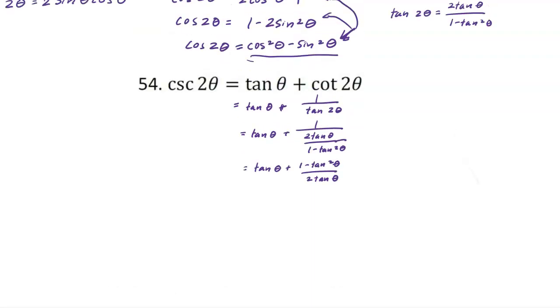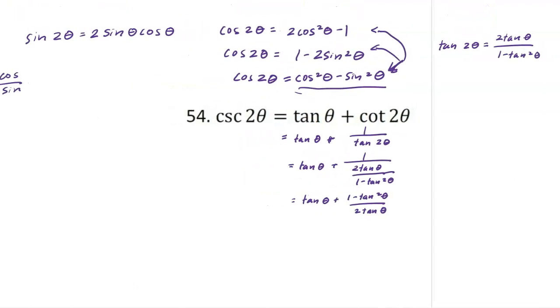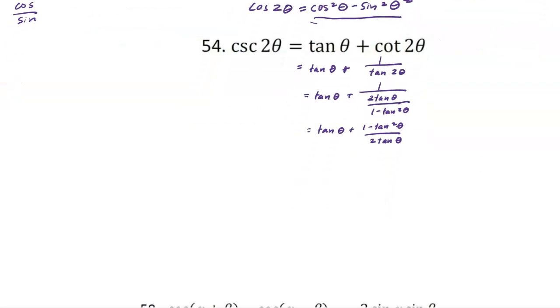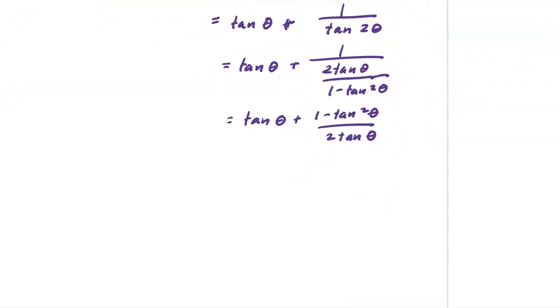If you look at 1 over sine of 2 theta, it's going to be 1 term, 2 sine of theta times cosine of theta. So the best thing to do is to combine the left-hand side with the right-hand side.